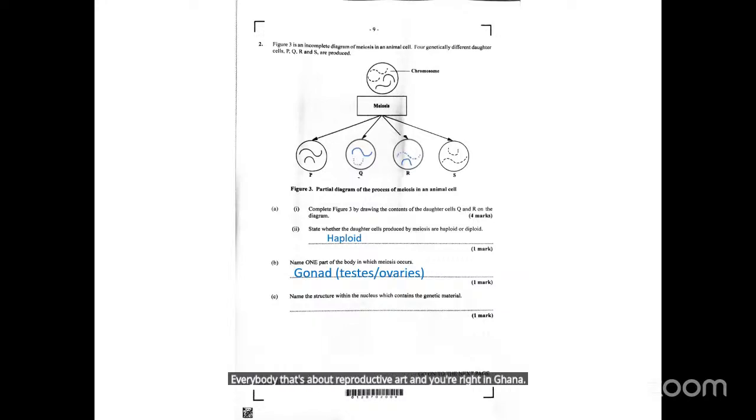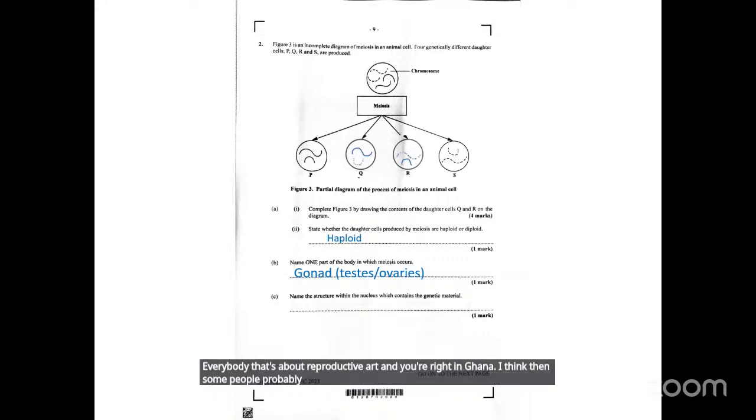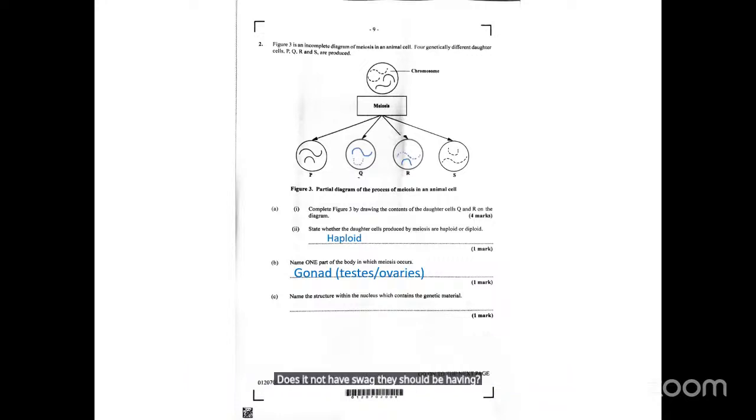And then some people probably ask you, what are gonads? And you say, bro, it's testes and ovaries. Come on, why are you writing two words when you can write one? That's the kind of swag you should be having. So, sir, you're saying that's the swag of a nerd. Yeah. Swagger for the ultimate nerd.